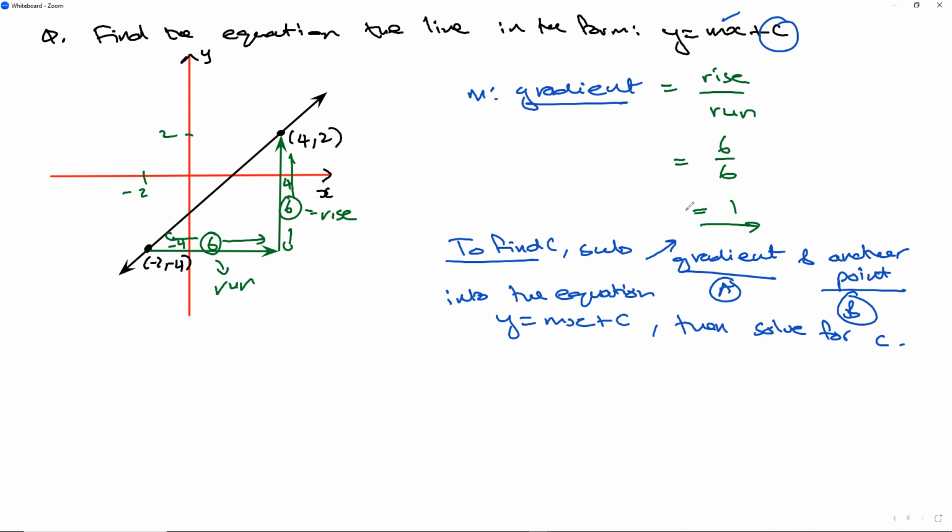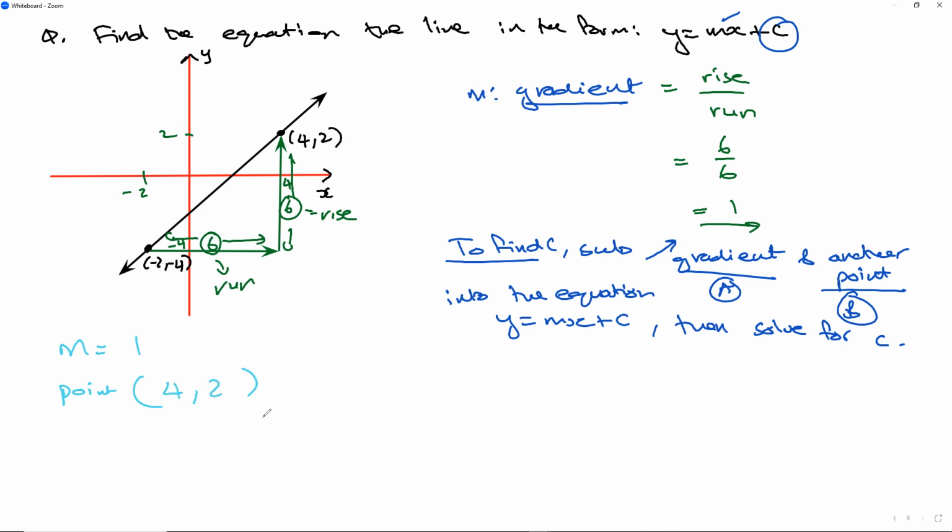What we're going to do is substitute the gradient and another point. So let's write that down quickly. We know that m is equal to my gradient. It's 1. All we need is another point. I can see 2 and 4. Negative values are difficult to work with more than positive values. So I'll choose 4 and 2.